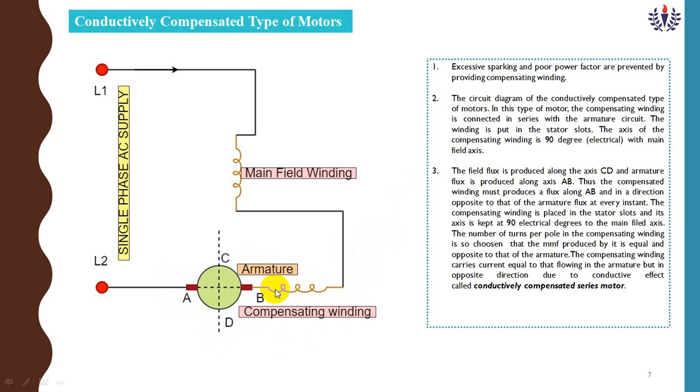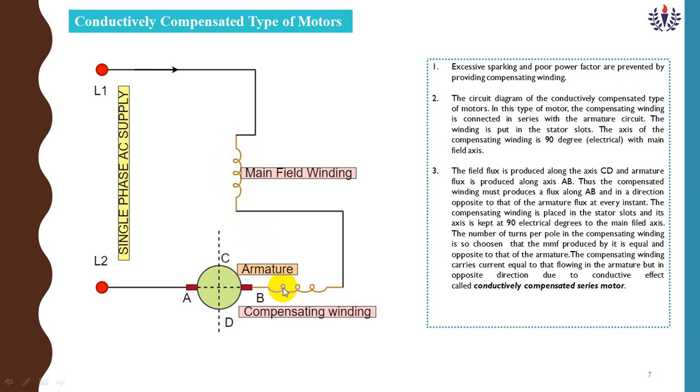So the flux produced in the compensating winding should be in the AB direction. This compensating winding is placed in the stator slots and its axis should be 90 degree. The number of turns per pole in the compensating winding should be equal to the number of turns per pole in the main field winding. You see, in the main field there are 1, 2, 3, so 3 turns.